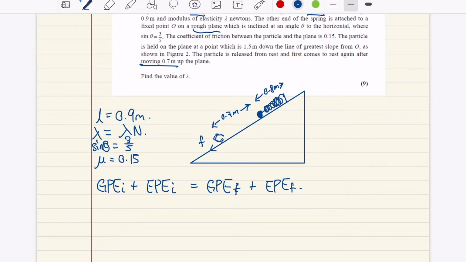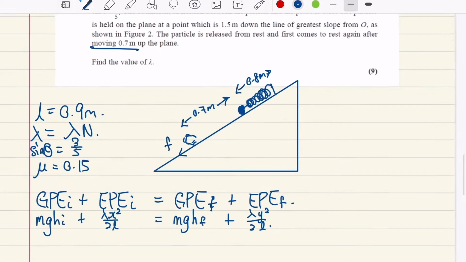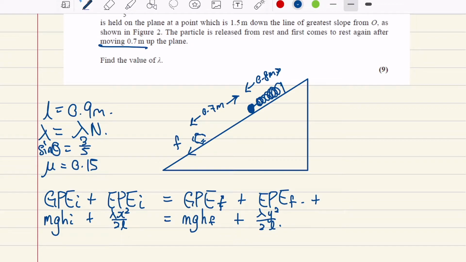Okay, so now we can write down all the equation. Oh, there's another work done that we need to consider, which is the work done against friction. So plus work done against friction, and the formula for it is the force of friction times the distance moved, which is this 0.7 meter.